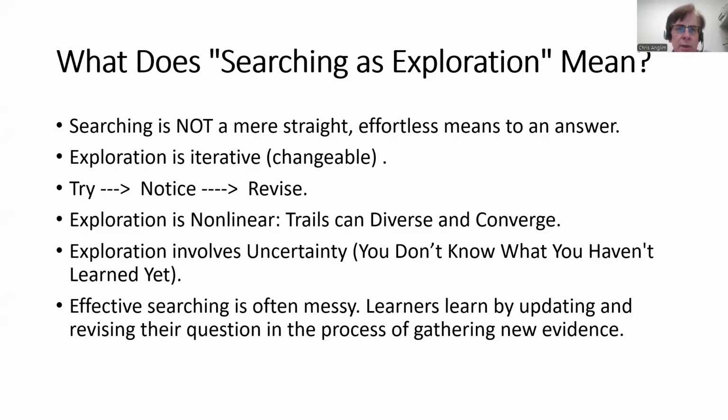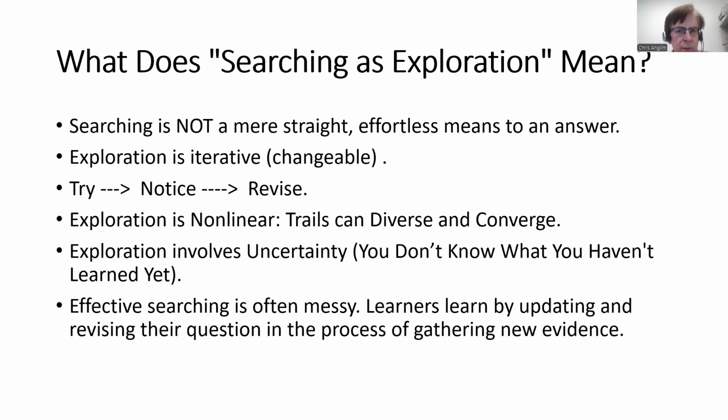So, what does searching as exploration mean? Searching is not merely a straight, effortless means to an answer. Exploration is iterative, meaning it's very changeable. You would try and then notice and revise, and then try, notice, and revise again. So the exploration can be very nonlinear at times in your discovery and use of AI, like much of other types of research.